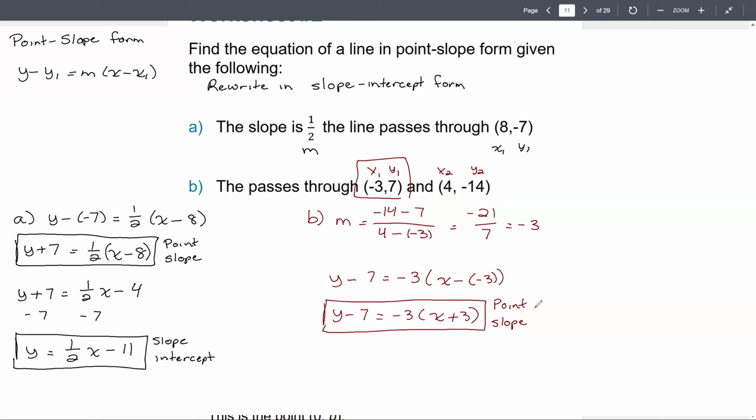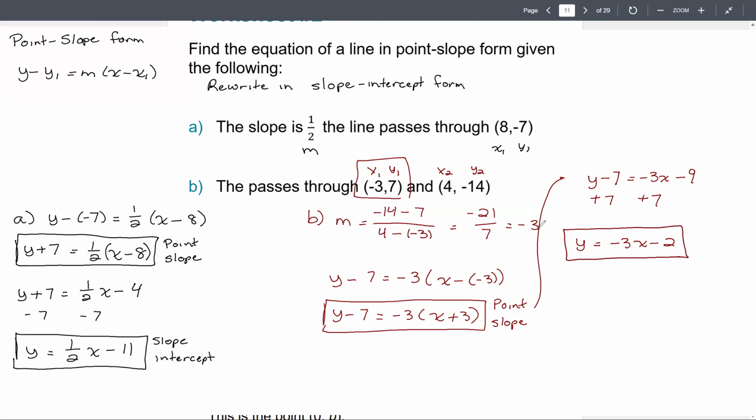Save myself some room. We're going to start working up here. So if I start solving for y minus 7 equals -3 times x, and -3 times 3 is going to be -9. We add 7 to both sides, and we get that y is going to be equal to -3x minus 2.